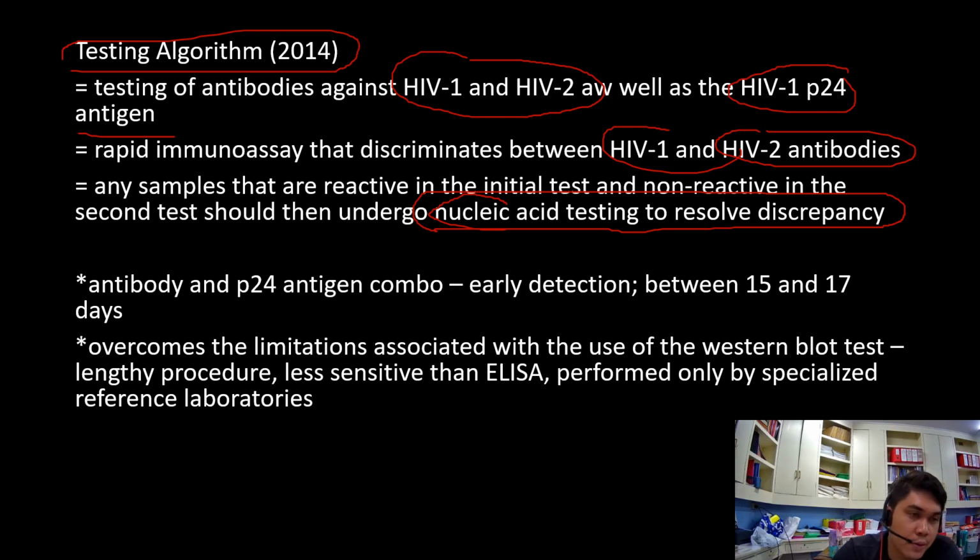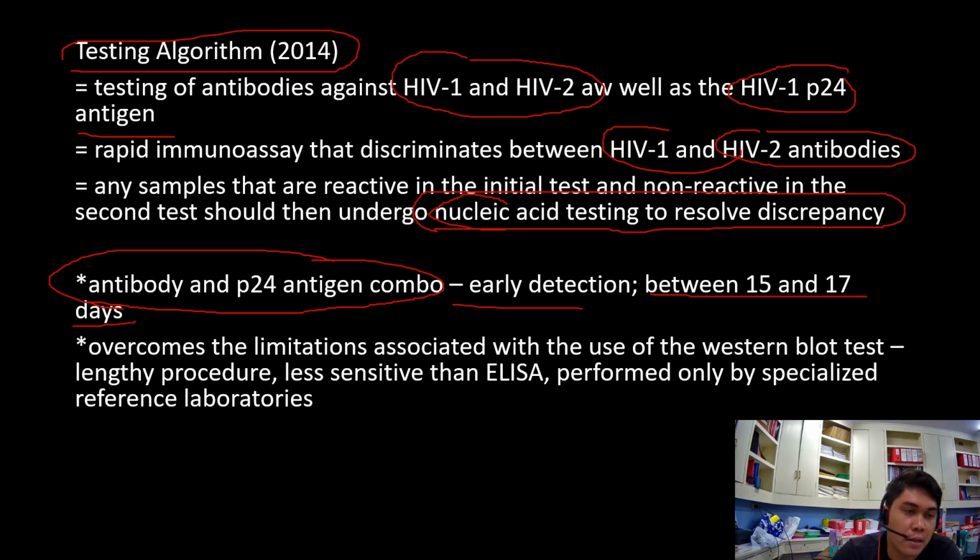Okay, so the antibody and P24 antigen combo can be used for early detection between 15 and 17 days of infection. And it overcomes the limitations associated with the use of the Western blot test, because Western blot involves a lengthy procedure.